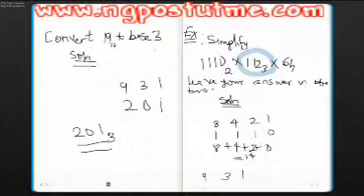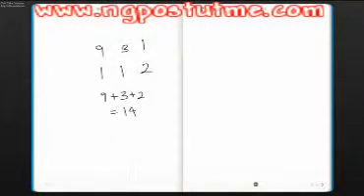Now the question we were solving, 1110 base 2 multiplied by 112 base 3 multiplied by 61 base 7. We have been able to convert 1110 base 2 and 112 base 3. The first one we got 14 in base 10. For the second one, we also got 14 in base 10.